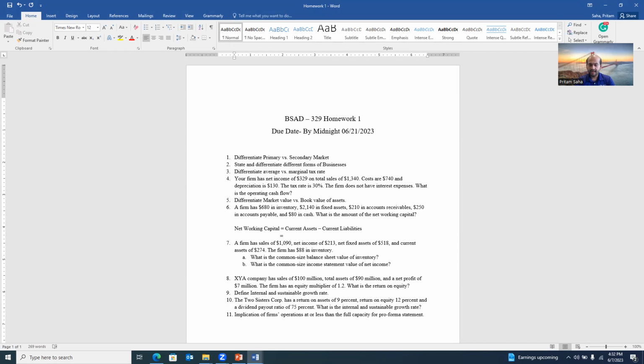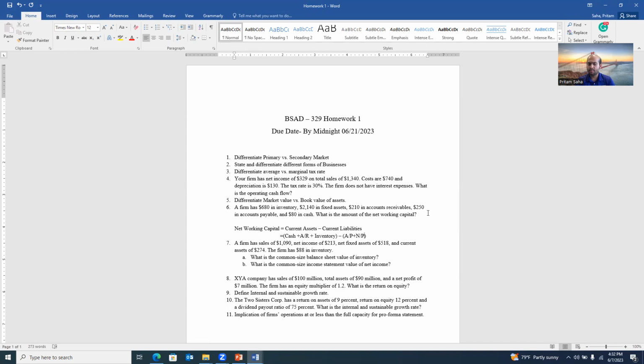So current assets could have cash, accounts receivable, I'm writing as AR, and inventory, right? Current liabilities could have accounts payable, I'm writing as AP, and sometimes notes payable.